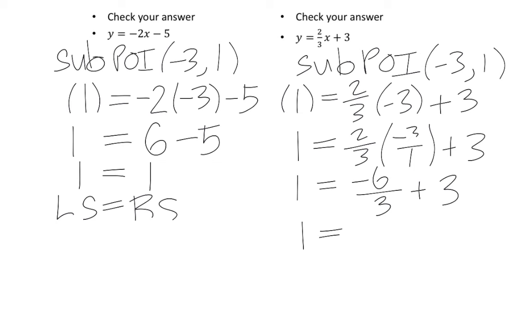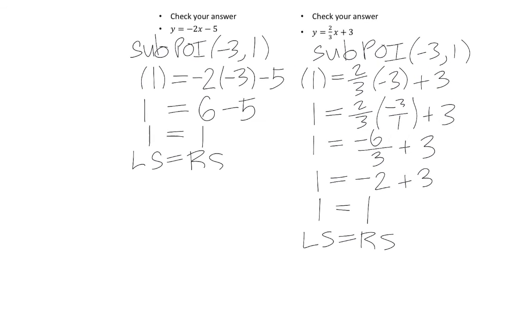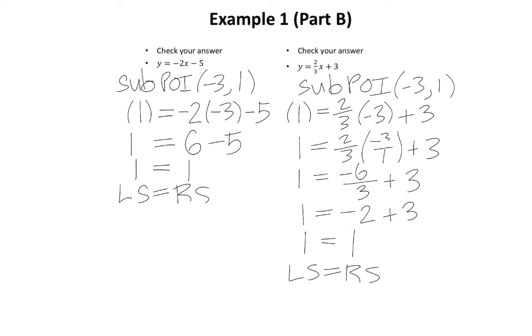That 1 stays the same. -6 divided by 3 is -2, and that +3 stays the same. -2 plus 3 is +1. And as you can see, the left side of the equation is equal to the right side of the equation. That means that this point lies on this second line. So we've just proven that this is indeed the point of intersection of these two lines.